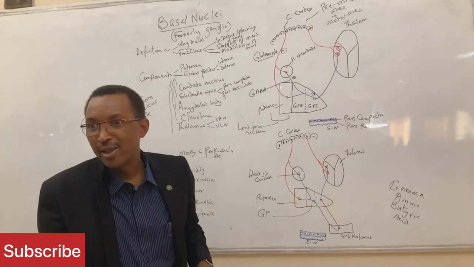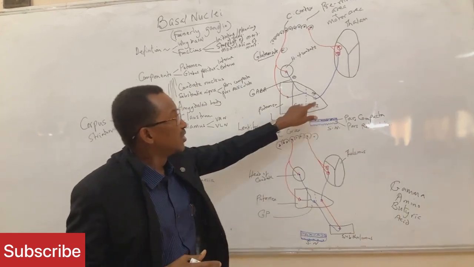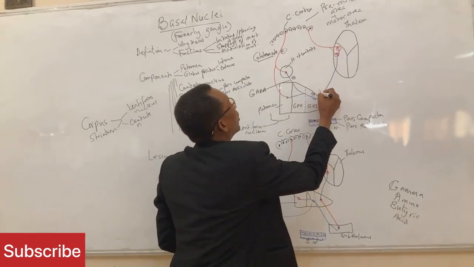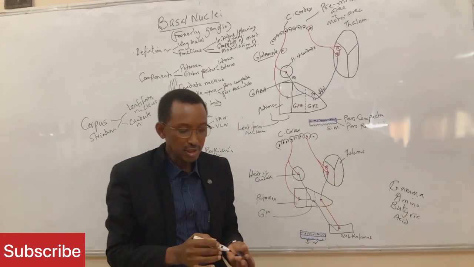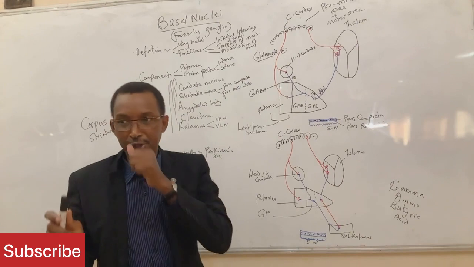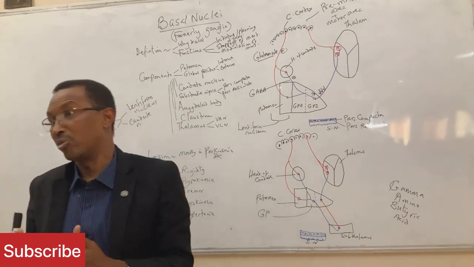Are you clear? If you don't understand very well, actually, you're going to get confused. So that means this neuron is now going to be depressed the more. Let me give you a typical example for you to understand very well. It is just somebody who has committed a crime.